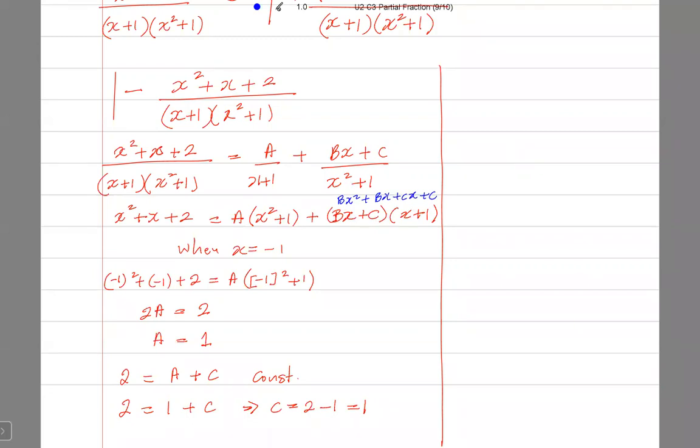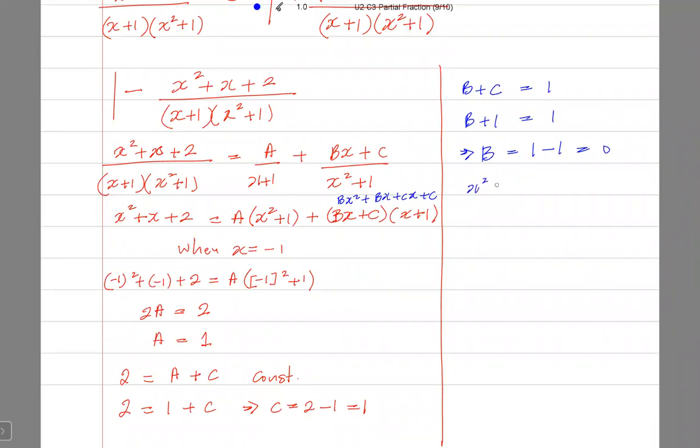So the x coefficient on the right would be b plus c. On the left, the x coefficient is 1. So b plus c is equal to 1, but c is 1. So b plus 1 is equal to 1. Therefore, b is equal to 1 minus 1, which is 0.